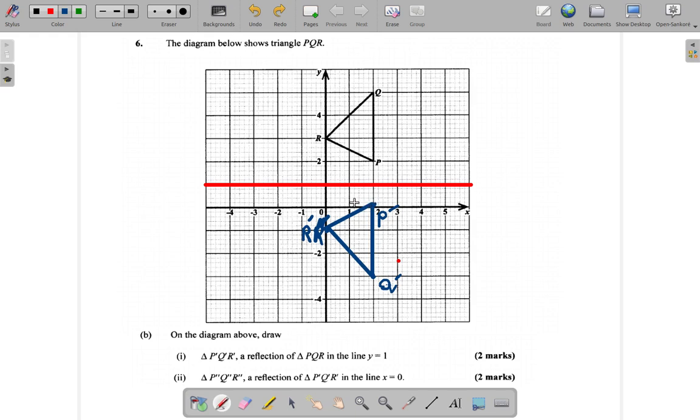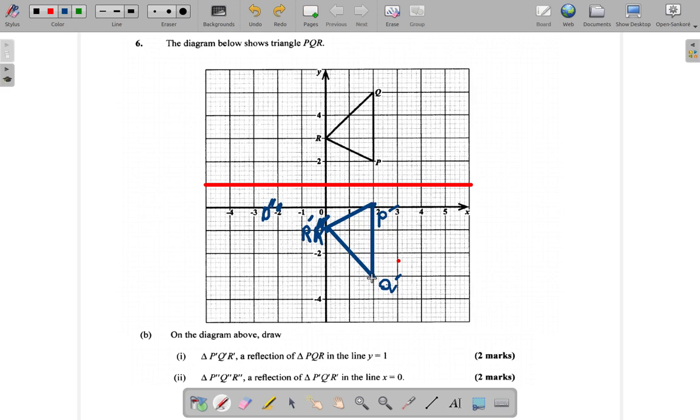P prime is 1, 2 on the right away from the mirror line. So the image would be 1, 2 on the left of the mirror line. So when you reflect what you have on the right, the same thing will come on the left. So it's P double prime right here.